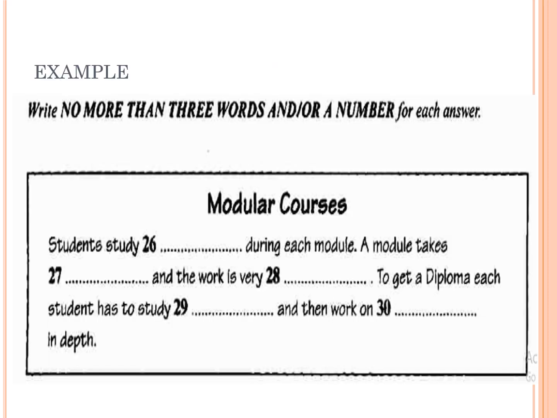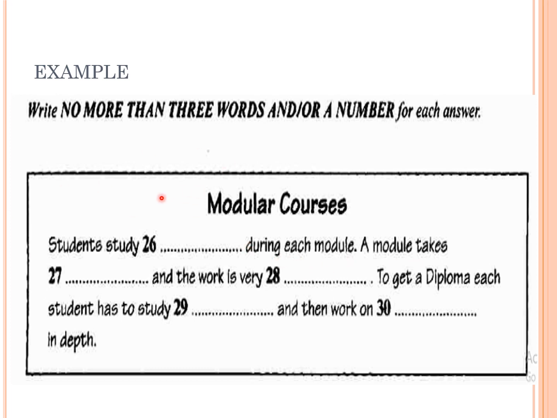So here is an example. Write no more than 3 words and or a number for each answer. These are the modular courses, and you will be given some time to read the instructions and to read the question. So read the question, underline the keywords like student study dash during each module. So study and during module.